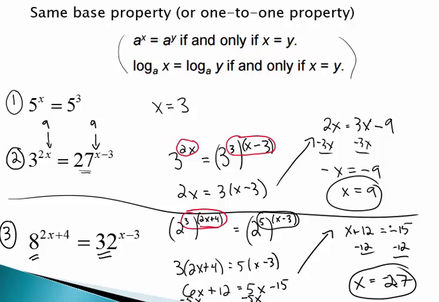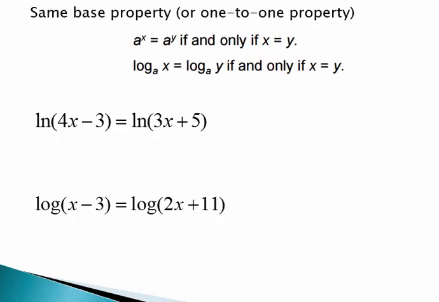Okay, so those are the easy cases. If I have the same base, then I can just equate the exponent. There is a log equivalent of that, and you can see right here, call this example 1 of my log examples. Pretty straightforward, right? You have the same base, in this case base e, the natural log, on either side of the equation.